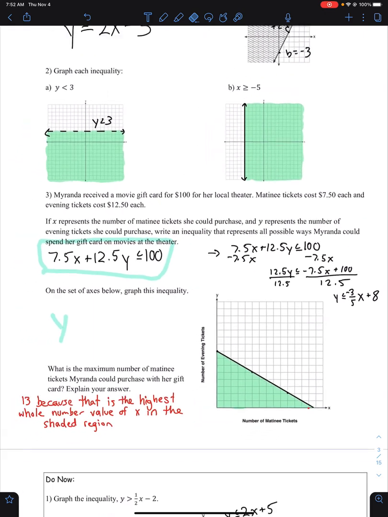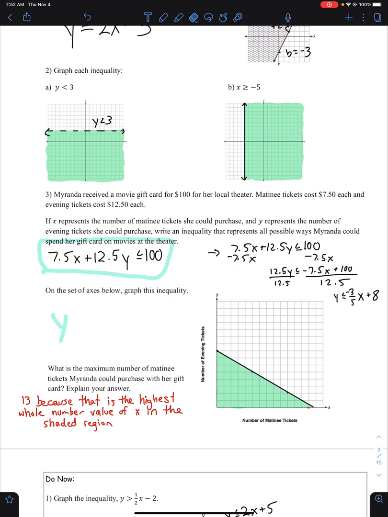And there's a couple ways of answering the last question. I did it graphically, so I said the highest amount of matinee tickets we can have is this right here, which would be 13. But you also could have done it algebraically. Matinee tickets is the x. So if you plugged in 0 for y and it said 7.5x plus 12.5 times 0 is less than or equal to 100, you would end up getting 7.5x is less than or equal to 100.